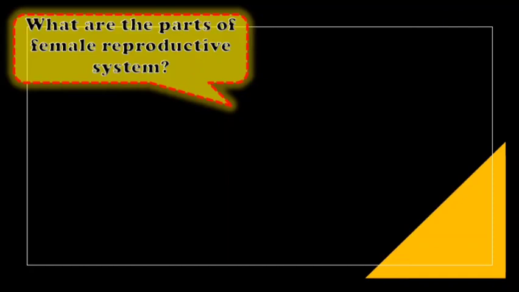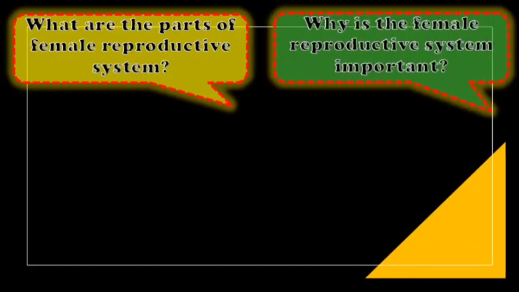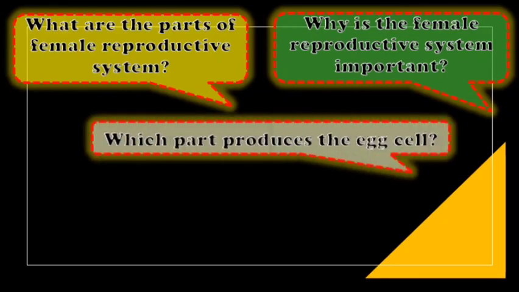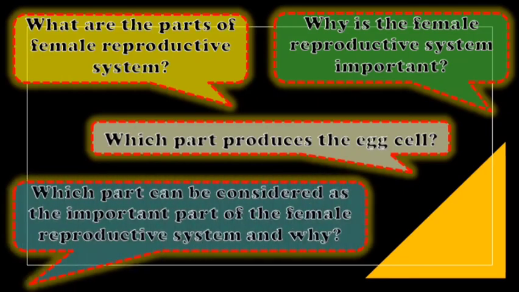Number 1, what are the parts of the female reproductive system? Number 2, why is the female reproductive system important? Number 3, which part produces the egg cell? And the last question is, which part can be considered as the important part of the female reproductive system and why?